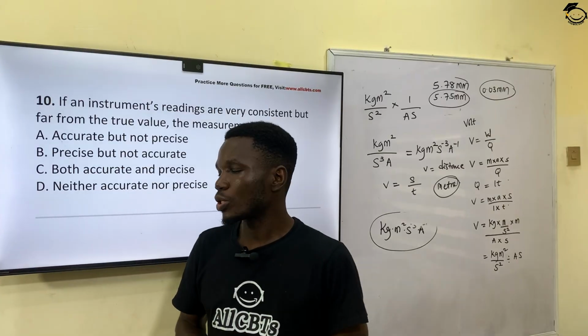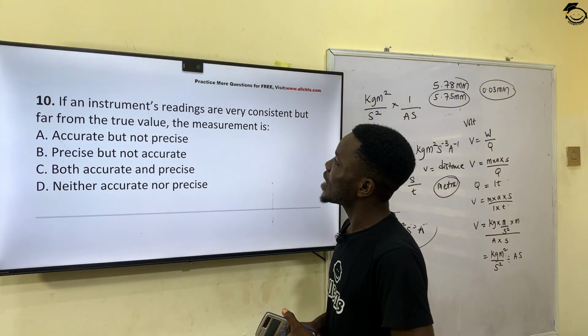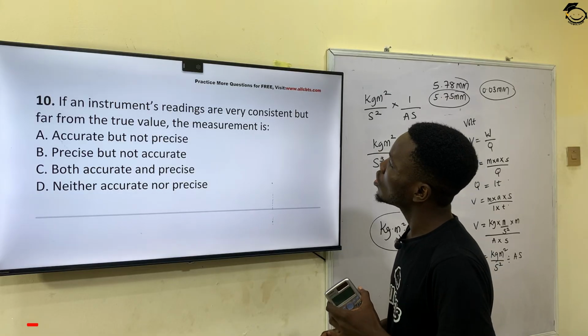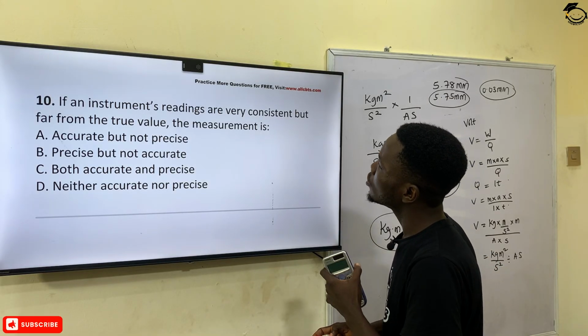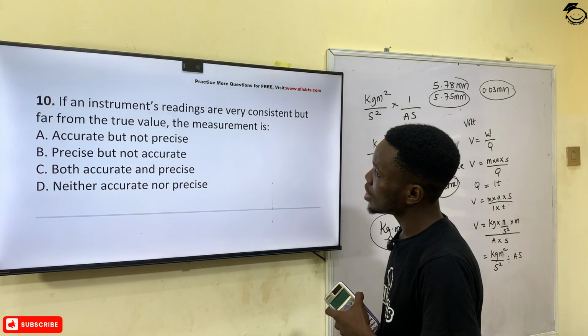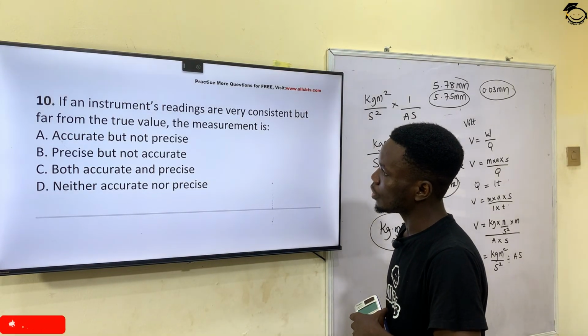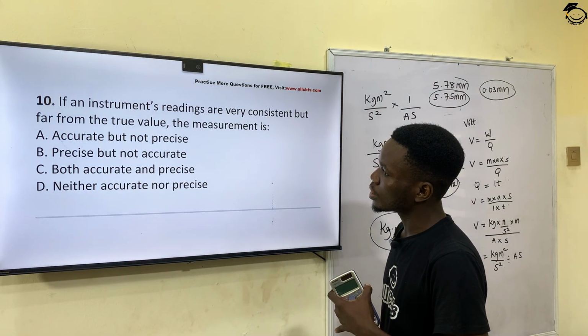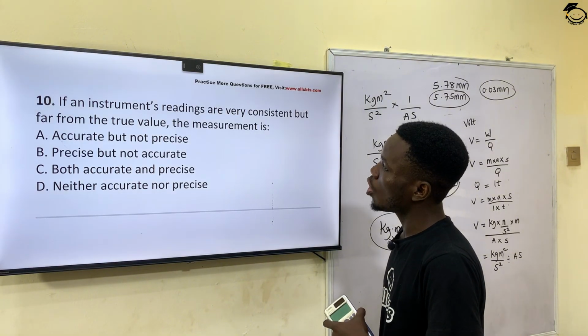That is also question number 10, which says, if an instrument's readings are very consistent but far from the true value, the measurement is dash. Option A says accurate but not precise. Option B says precise but not accurate. Option C says both accurate and precise. Option D says neither accurate nor precise.